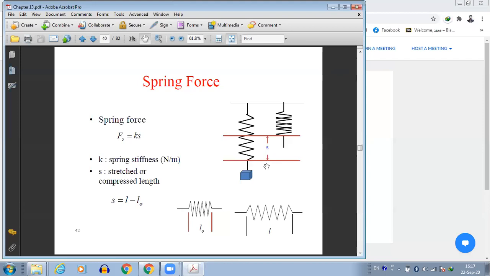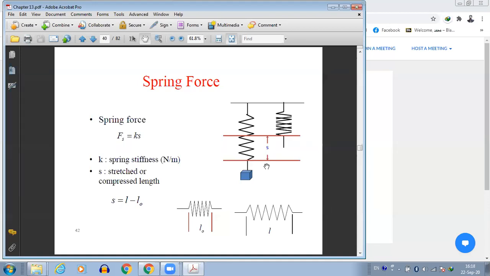You might need to look at the problem and see, if there is a variable S, what that S is referring to. Is S referred to as a stretch, or is it referred to as a position? Sometimes when you have the same variable for two different things, it becomes a point of confusion for students.